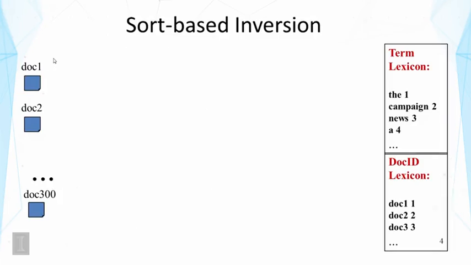So this is an illustration of this method. On the left, you see some documents. And on the right, we have shown a term lexicon and a document ID lexicon. These lexicons are to map string-based representations of document IDs or terms into integer representations, or map back from integers to the string representation.